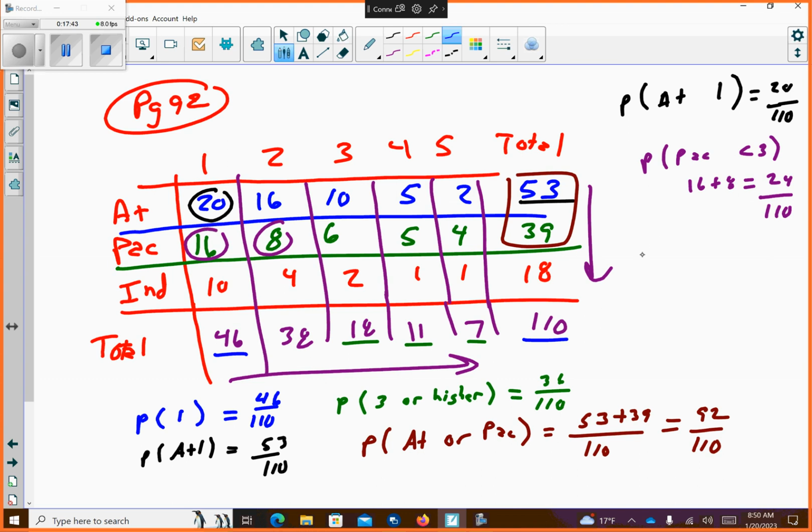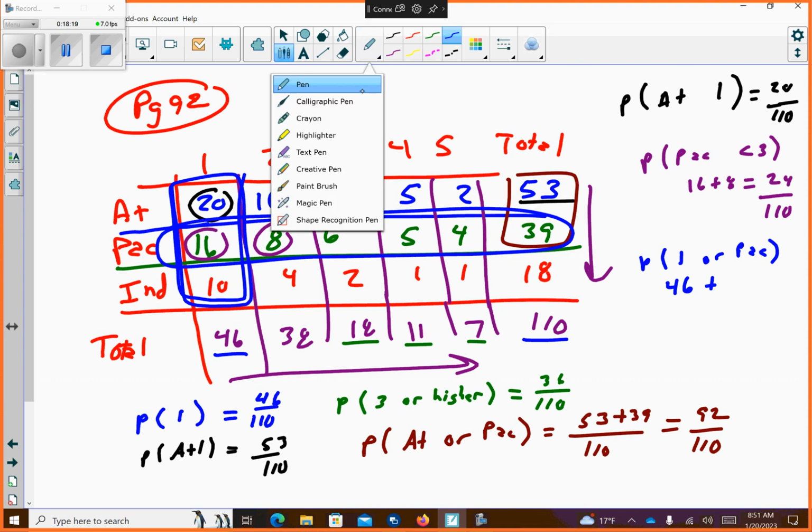And then example 7, the probability of selecting a category 1 or a Pacific. This is one where you want to be cautious that you don't double count. I want the probability of counting a category 1. Category 1 is these, which is 46. Or a Pacific, which is here.